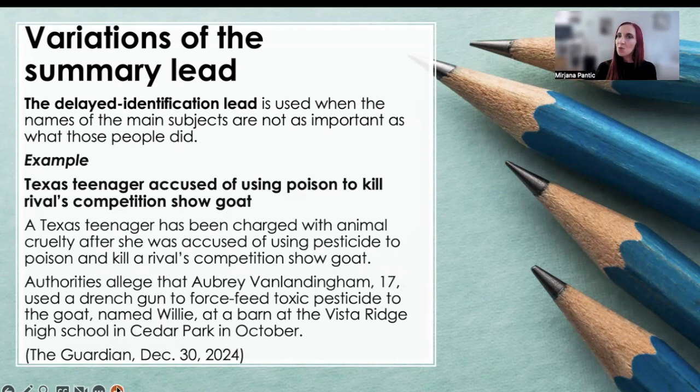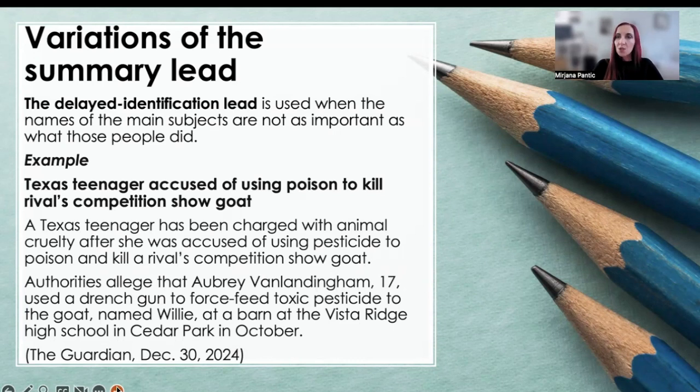Some of the elements we talked about were crime, conflict, things like that, that are intriguing and people want to read about. So this is one such example, but also the story is very unusual. It is very strange for a teenager to be accused of animal cruelty.